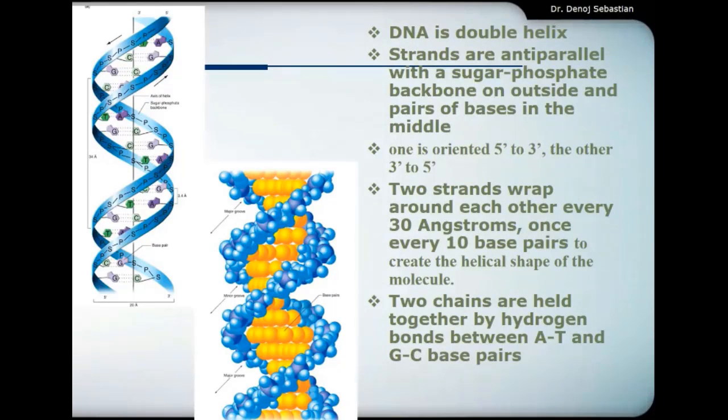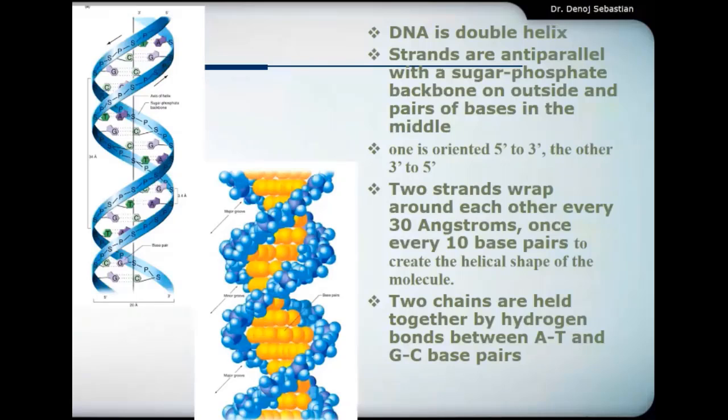Now, the strands in the DNA double helix are anti-parallel, with the sugar-phosphate backbone outside and the pairs of bases in the middle. So this double helical structure will have anti-parallel strands.